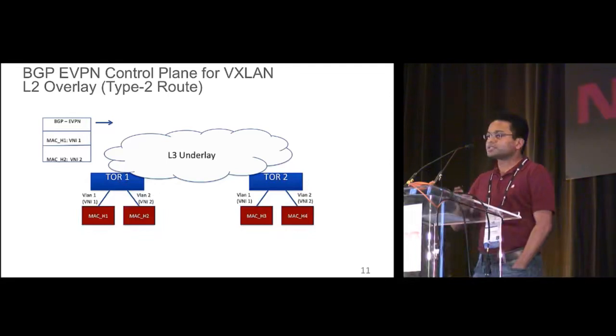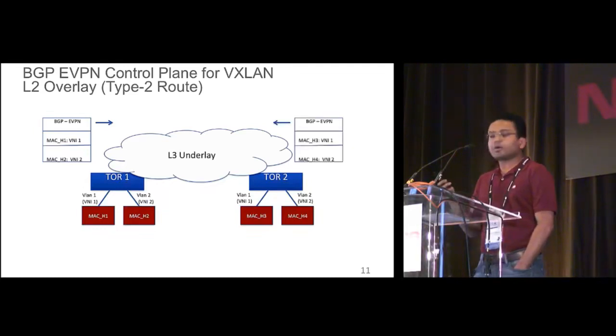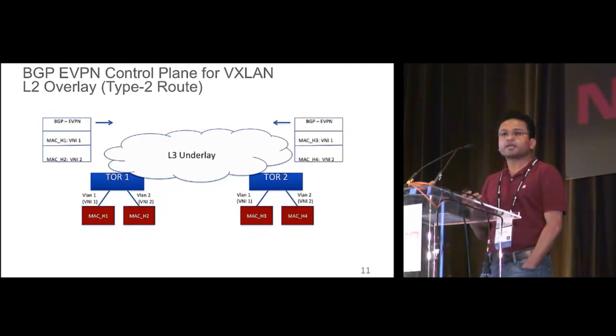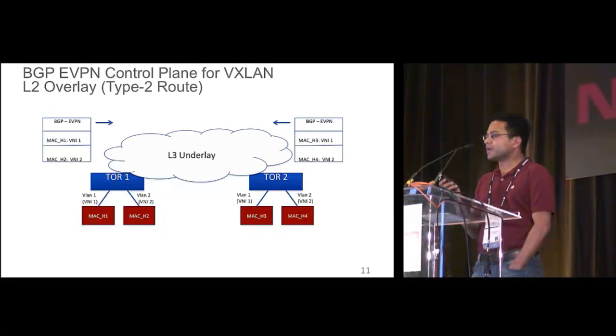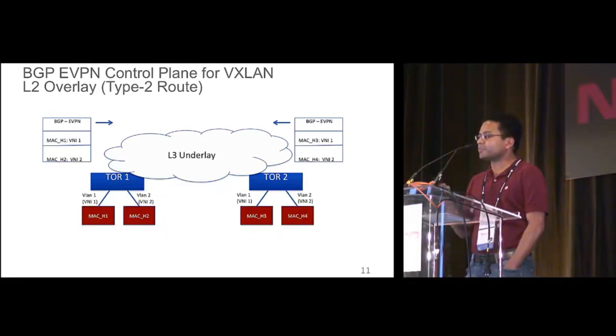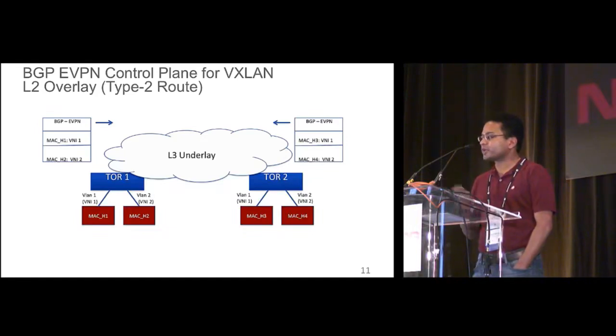So TOR 1 sends a type 2 route with MAC H1 pointing down to VNI 1, which is the L2 VNI, and MAC H2 with VNI 2, which is the L2 VNI for VLAN 2. Similarly, TOR 2 sends out a BGP type 2 NLRI with MAC H3 pointing to VNI 1 and MAC H4 pointing to VNI 2.